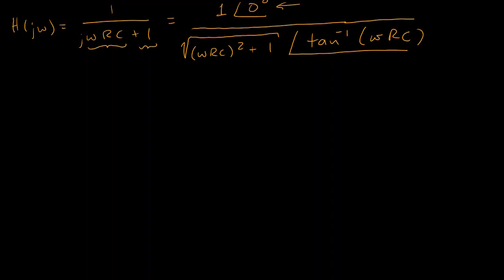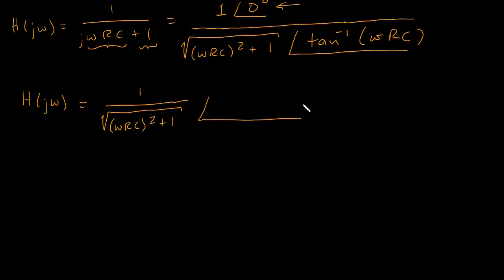So now what I have to do to write H of j omega, we've already done the magnitude calculation, but I'll go ahead and write it in here just to keep this complete. So H of j omega is going to be 1 over the square root of omega RC squared plus 1. And the angle is going to be the 0 angle from up here, minus this angle.